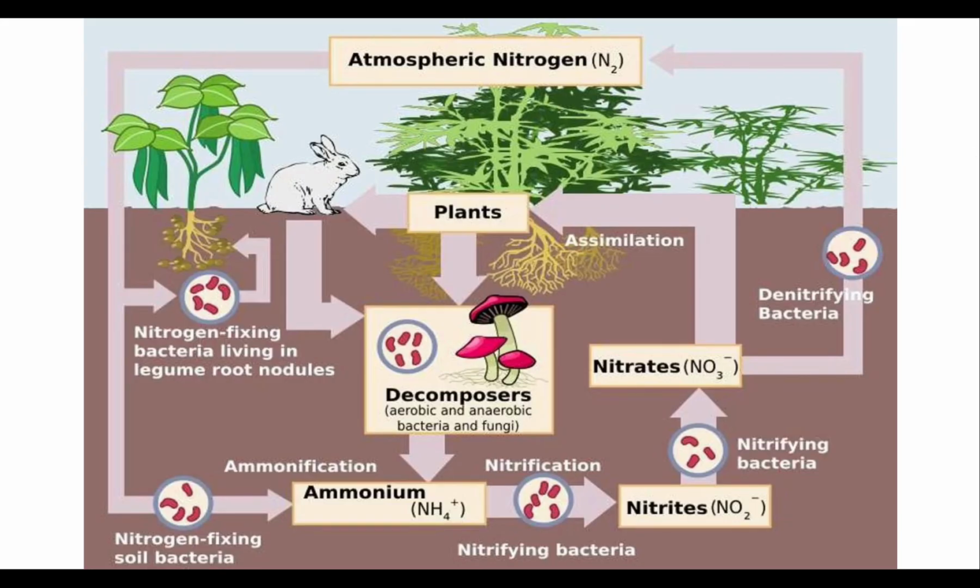Okay, so those 5 steps show how the nitrogen in the atmosphere is being processed by these 5 processes, and it makes it available to the plants to be absorbed.